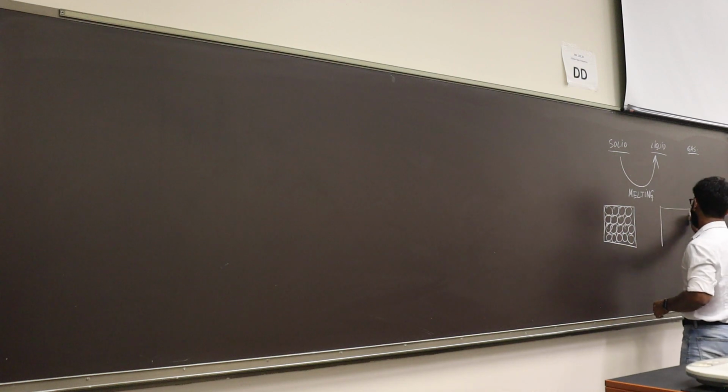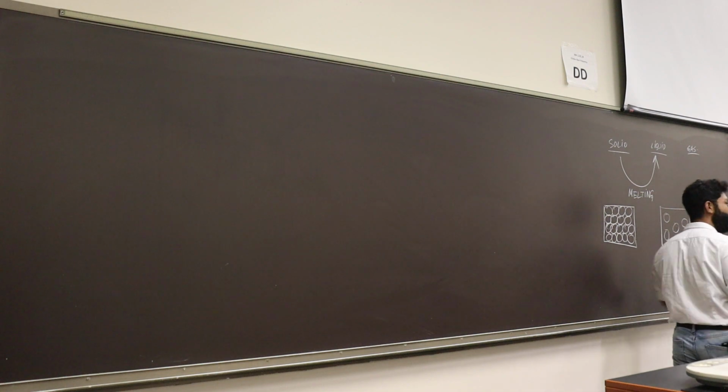And liquids are kind of represented like this. It's a very simplistic diagram. There are many errors in it, I know. But kind of simplistically, what happened here? The process is melting, but how do you melt stuff? Increase in energy, higher temperature.